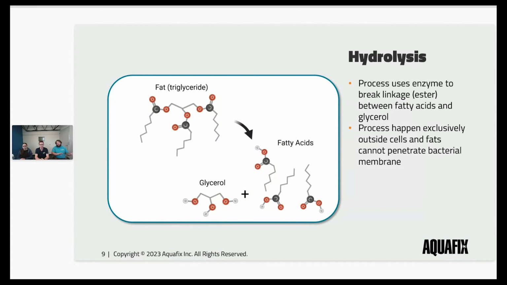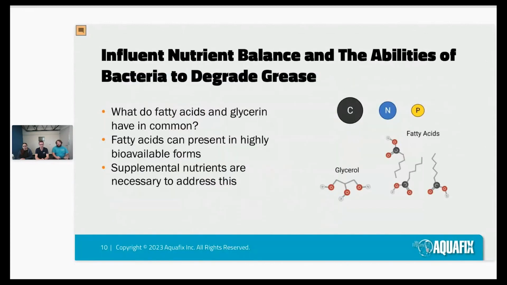Our main source of energy from triglycerides are the fatty acids that come from this hydrolysis. And one thing to keep in mind when we talk about utilizing triglycerides in your system is what sort of nutrient balance they are bringing to the table. Now, everybody's aware of the carbon to nitrogen to phosphorus ratios.